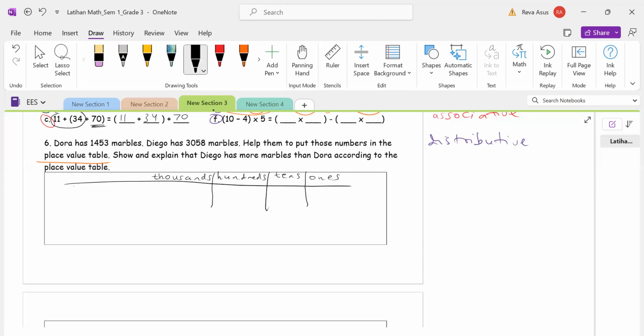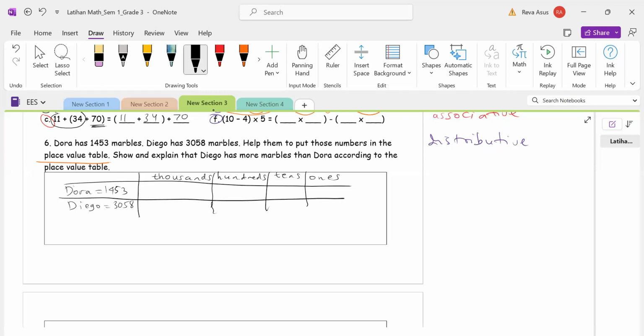And then let's put Dora's number here. She has 1,453 marbles. Meanwhile, Diego has 3,058 marbles.